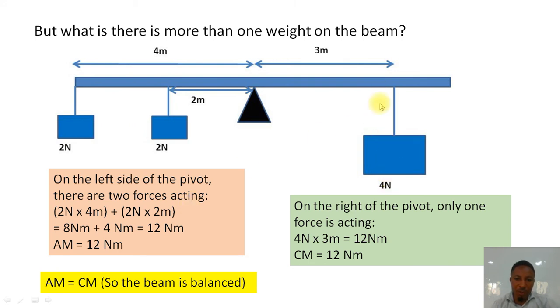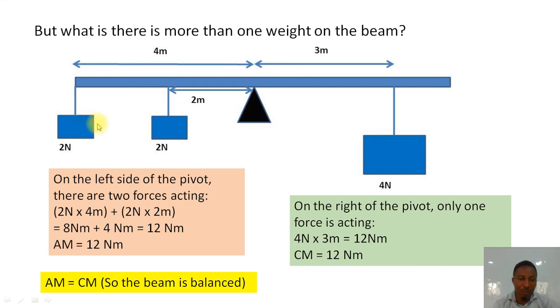For the clockwise, we have 4 times 3, which gives us 12. For the anti-clockwise, we have 2 times 2 plus 2 times 4. Notice that I have to add it up. Remember that the principle states the sum of the clockwise moments and the sum of the anti-clockwise moments.